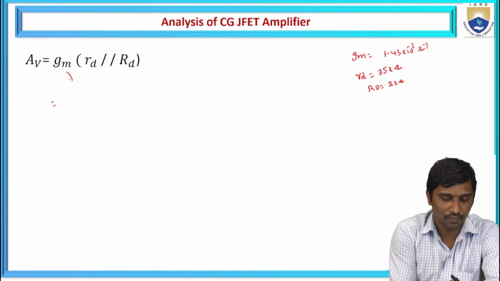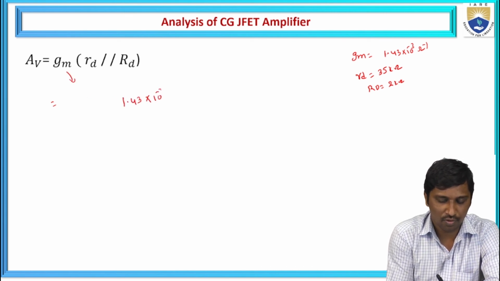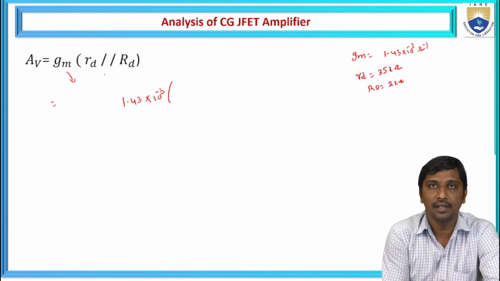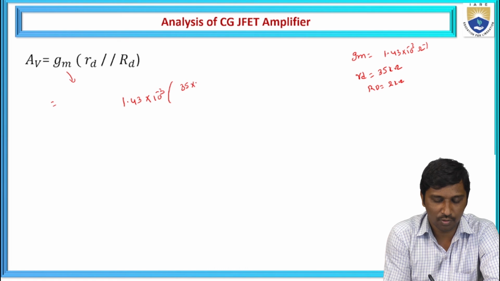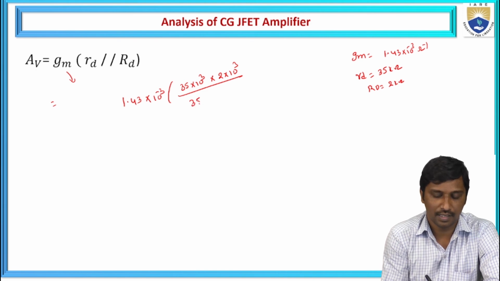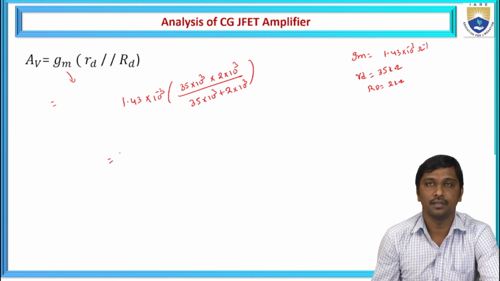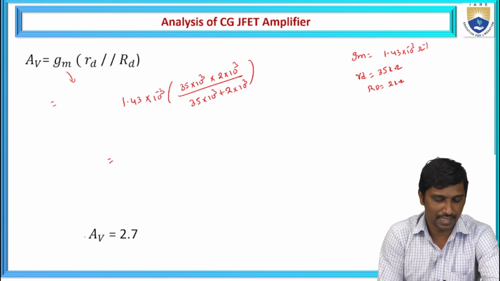gm is equal to 1.43 into 10 to the power of minus 3. Small rd in parallel with capital RD, so we rewrite 35 into 10 power 3 into 2 into 10 power 3, divided by 35 into 10 power 3 plus 2 into 10 power 3. You can solve this one, it gives the voltage gain.